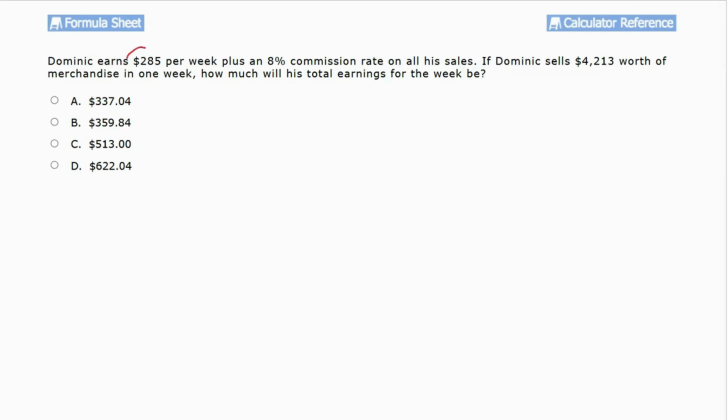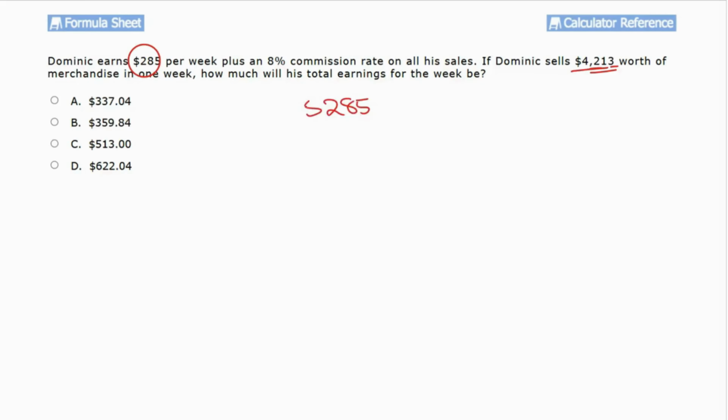So this is a fixed amount. This plus he is going to get 8% commission rate for all his sales. So he sells this much in 1 week.